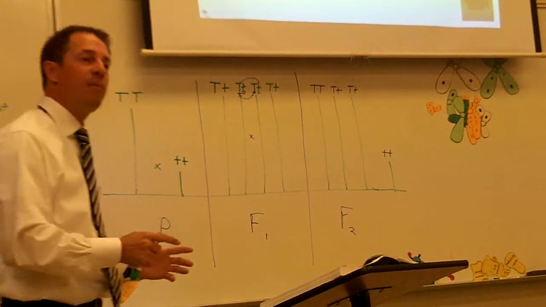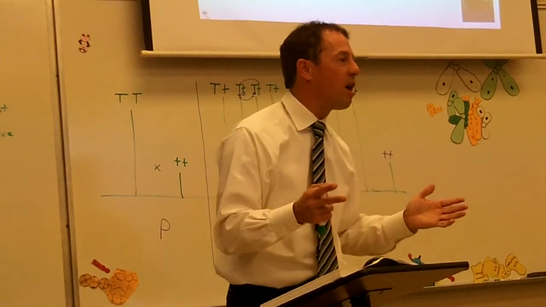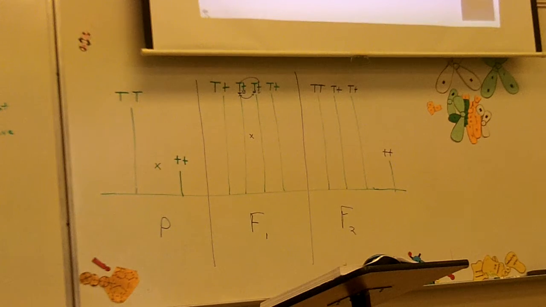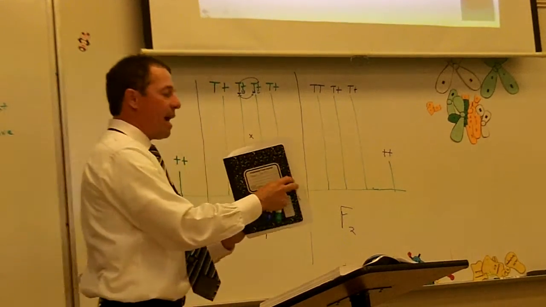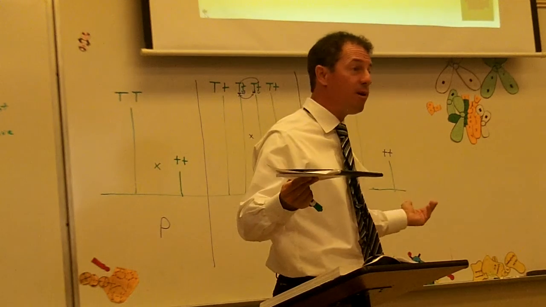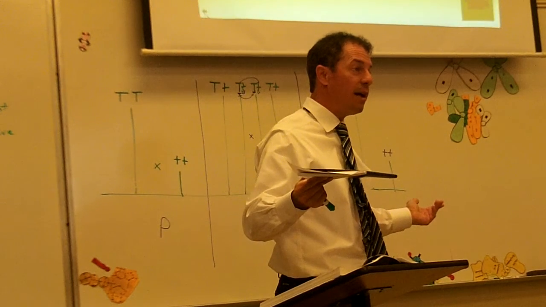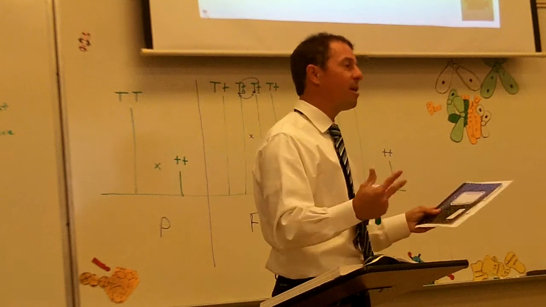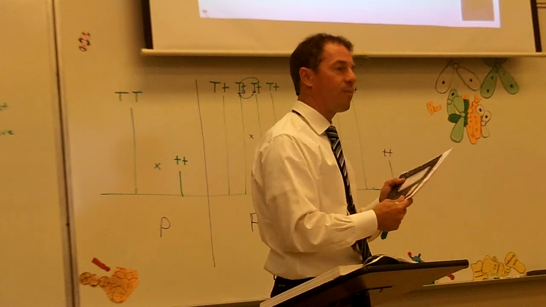Mendel did this experiment, and he wrote it up in his little logbook. He had a logbook just like you guys have. And he was right, this is how it works. He showed a few people, and then he died. He never became famous in his lifetime.